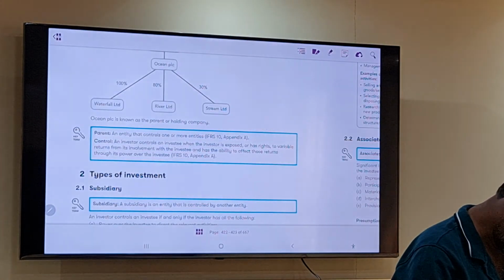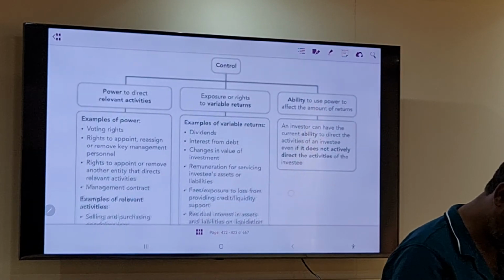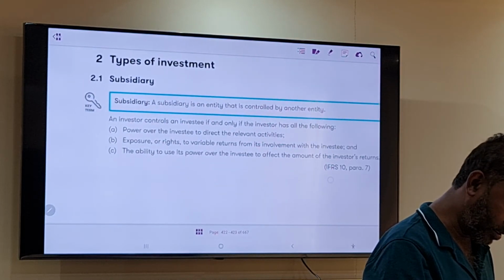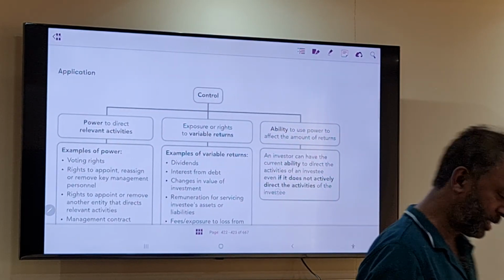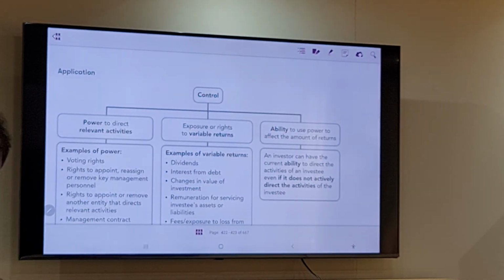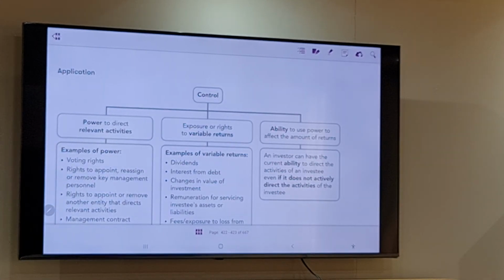Define control, and then control has these three things. If you say that you have the control, you have the power to direct relevant activities.